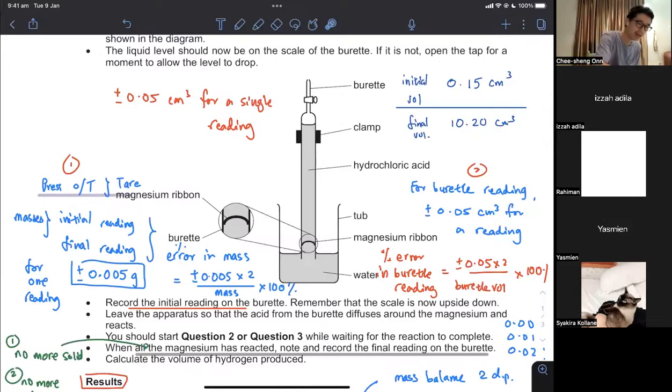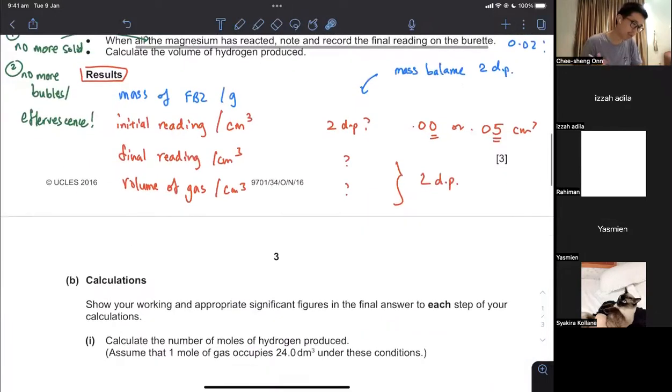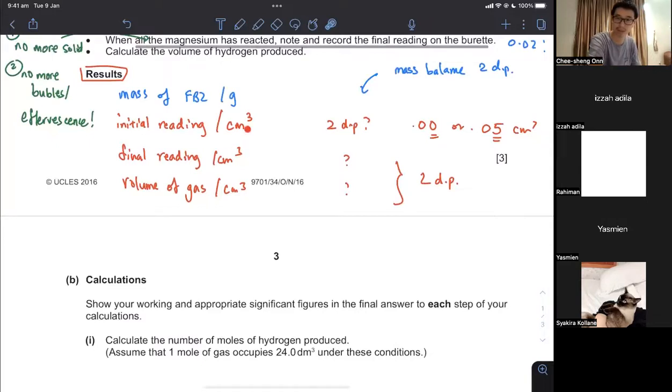So essentially, you're going to do final minus initial. It's just your initial was 0.00 based on the mass balance reading. So don't forget, mass reading is always multiplied by 2 for the error in a single reading, because you always have final minus initial mass there. I think the rest of the questions are pretty much similar. You see 3 marks to collect the gas, because with a burette you really need to read twice rather than a measuring cylinder, which was just reading once.